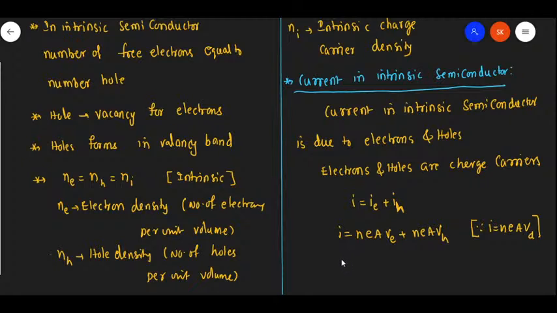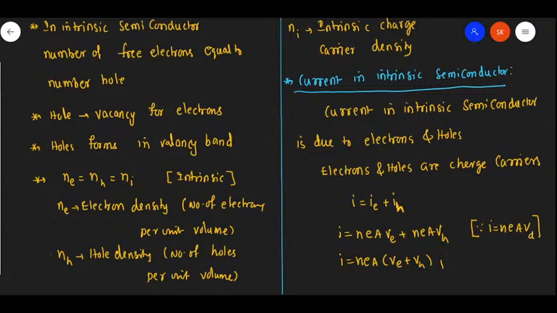Then we can take neA common, and we get I = neA(Ve + Vh). This is the formula for the current in semiconductor.